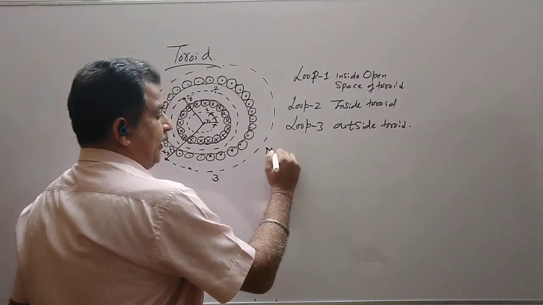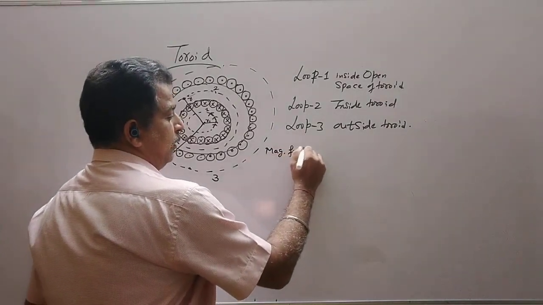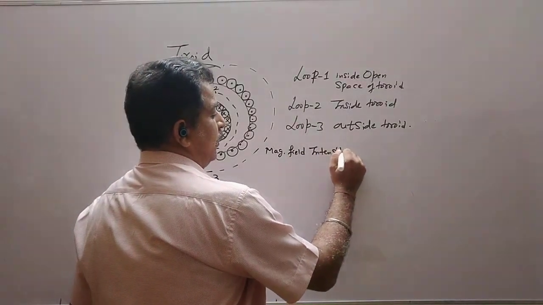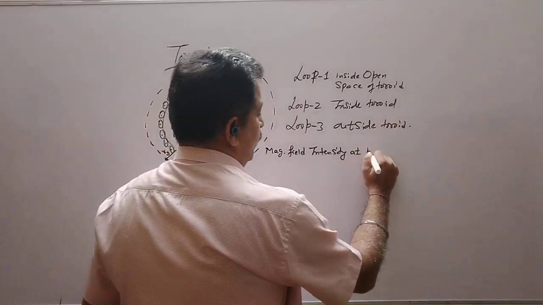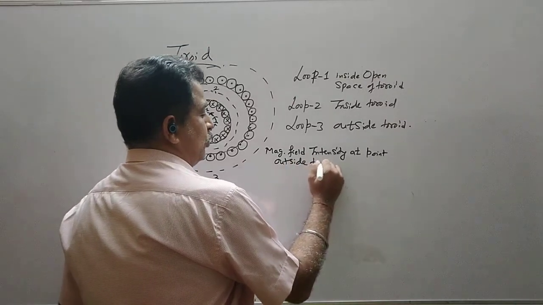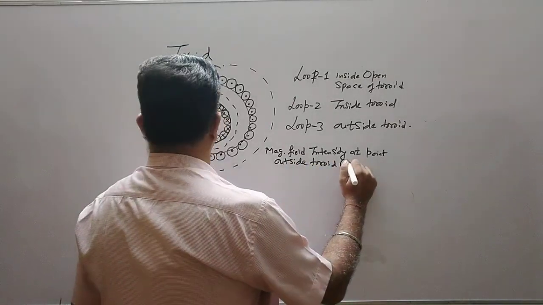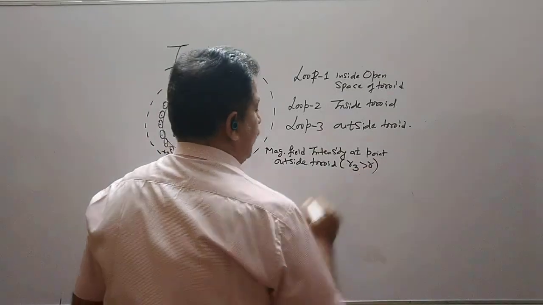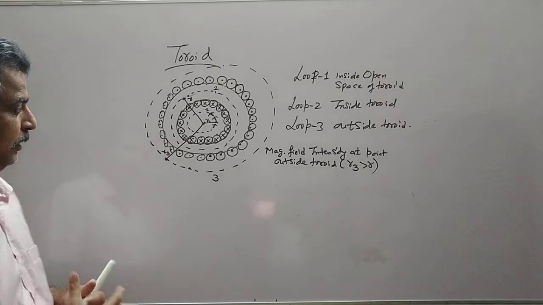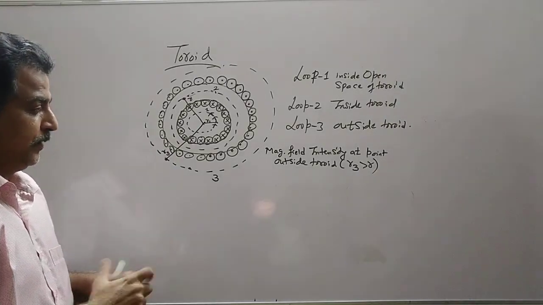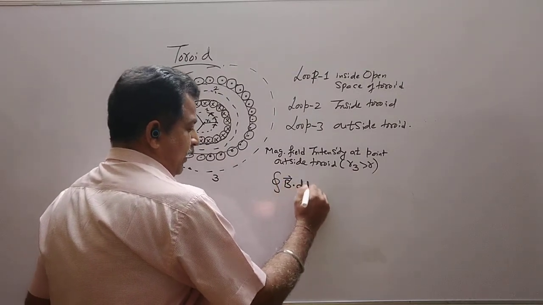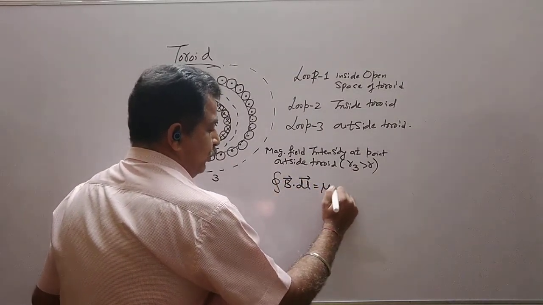So magnetic field intensity at a point outside the toroid, that is R3 is greater than R. So this is an outside point. Now generally, let me write Ampere circuital law first. So this is B dot dl equal to mu naught I enclosed.